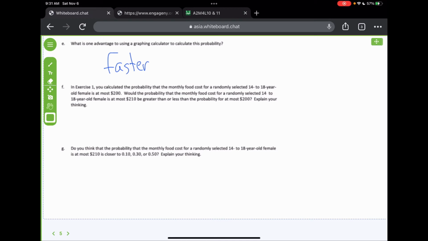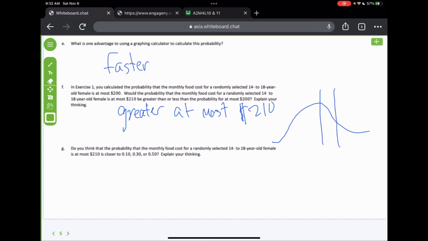Well, it's going to be greater for at most 210. Why? Because it's going to cover more. If this is 200, well, this is going to be 210. And if it's at most, we're talking about everything below it, right? So it's going to be greater, as we're talking about it covering more.